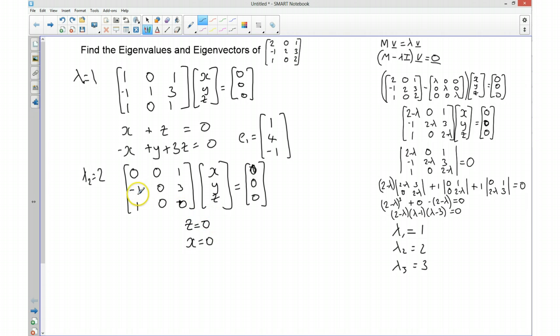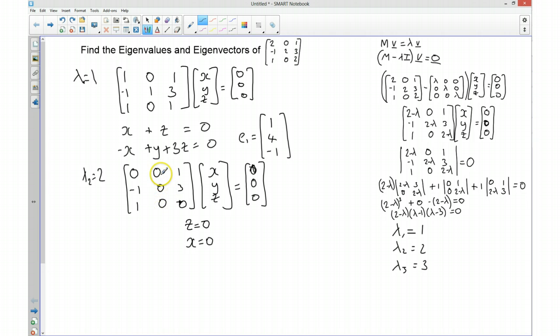Okay, and if x is equal to 0 and z is equal to 0, I've got 0 plus 0y plus 0 is equal to 0. That means y can take any value that I choose, because I've got a line of zeros here.